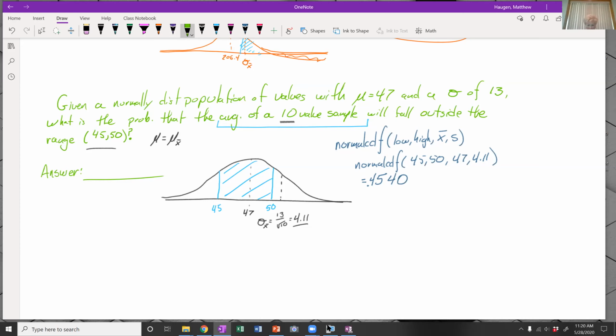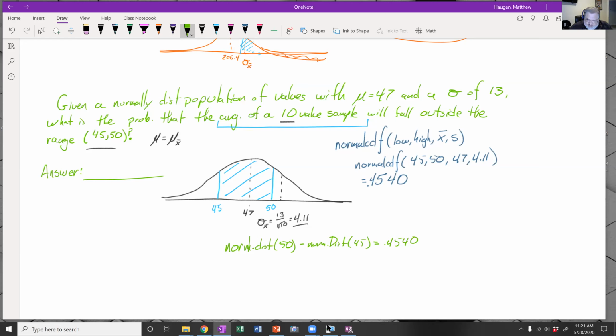You'd have gotten the same value, just with the opposite sign. If you were doing Excel, you'd do the norm.dist with the 50 minus the norm.dist with the 45. If you switch the order, you make a negative sign.